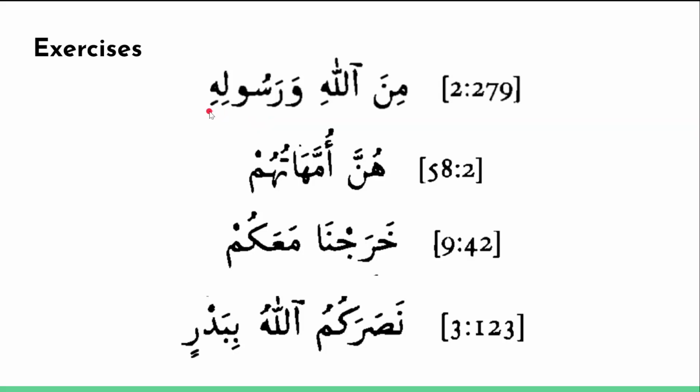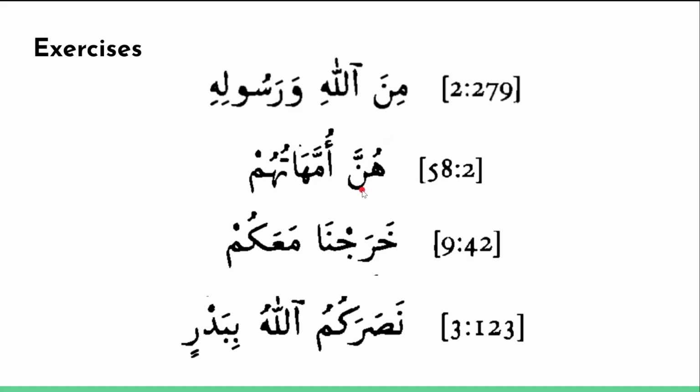Again, we're using he here because the sound before it is li, is an e sound. So instead of saying rasulihu, we're going to say rasulihi. Another thing to consider is, why is there a kasra on the he here, min Allahi, and why is there a kasra on the lam here? It's because they're both following this preposition min, and we know the word following the preposition takes a kasra. So min Allahi, so from Allah and from his messenger.